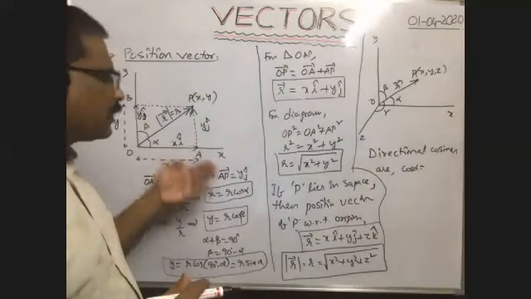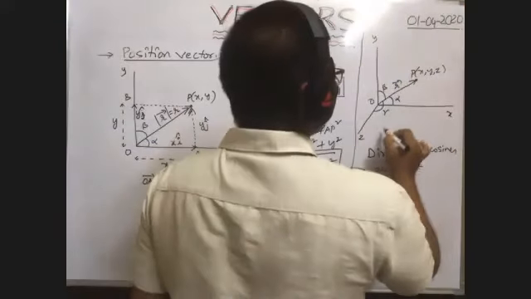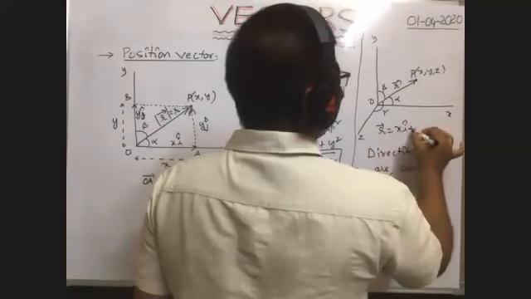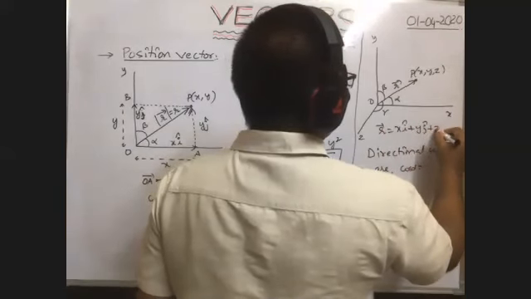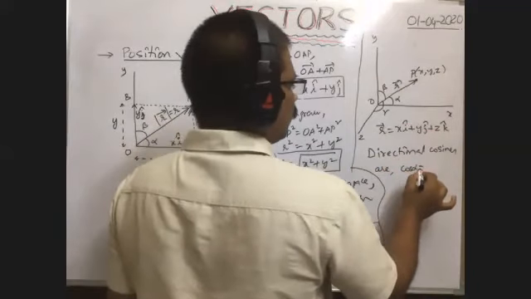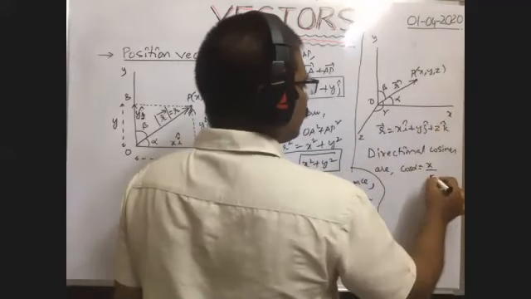Already I said, same type of formulas as in the xy plane. First you write the position vector r bar equal to x i cap plus y j cap plus z k cap. Now the directional cosine cos alpha is equal to the x component by the magnitude of the entire vector. The magnitude of the entire vector is r.